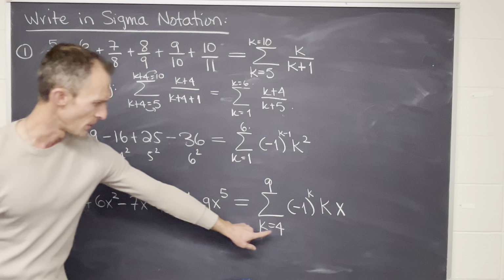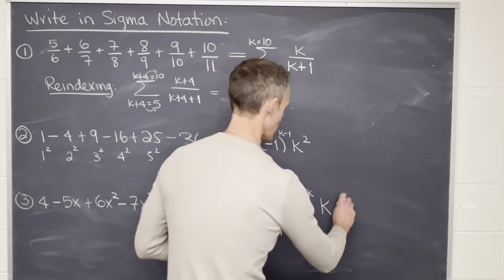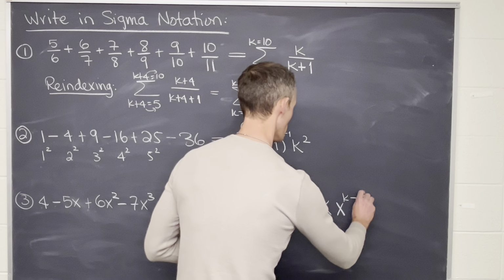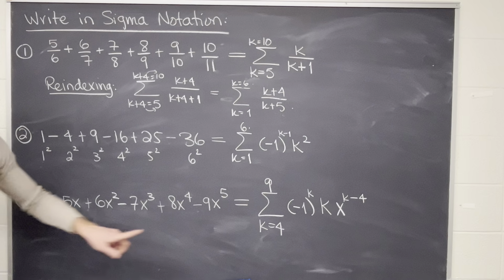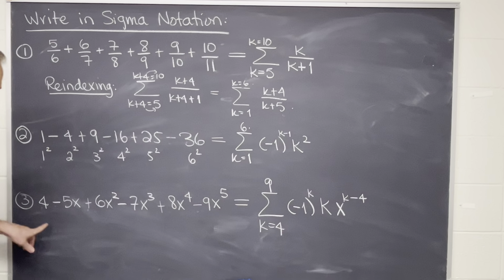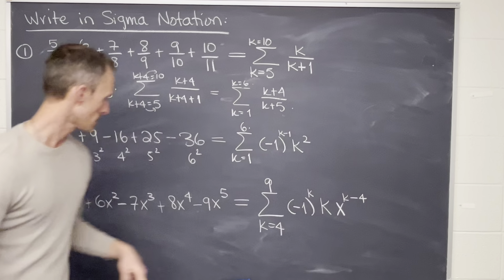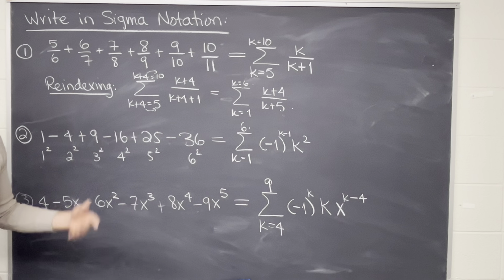So when k is 4, I need this to be x to the 0. So if I put this as k minus 4, then when I plug in k is equal to 4, I get 4 minus 4 is 0, x to the 0 is 1, so that's going to give me just 4. If k is 5, x to the 5 minus 4 is 1, so that's just x, so that's giving me that. And so this seems to be the right thing.